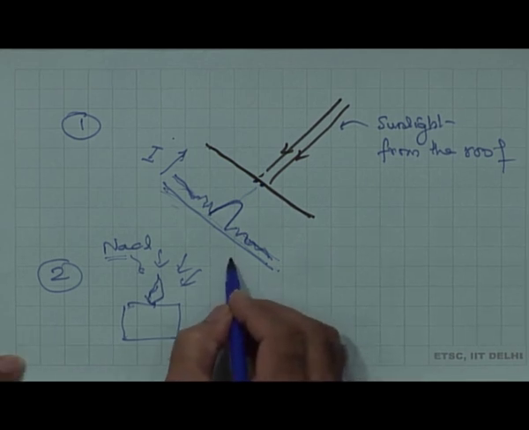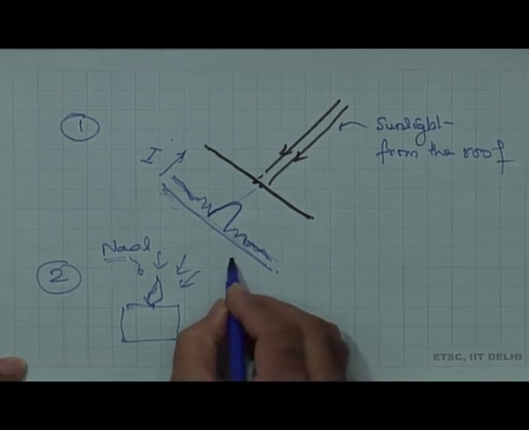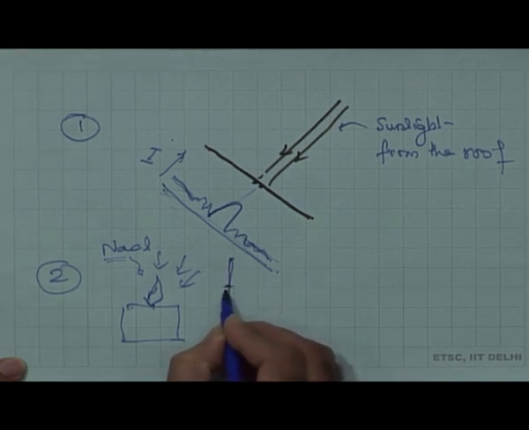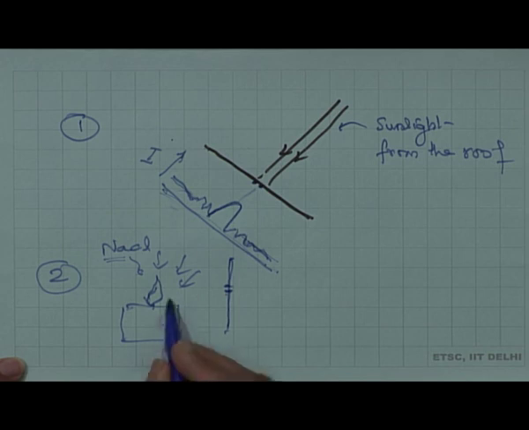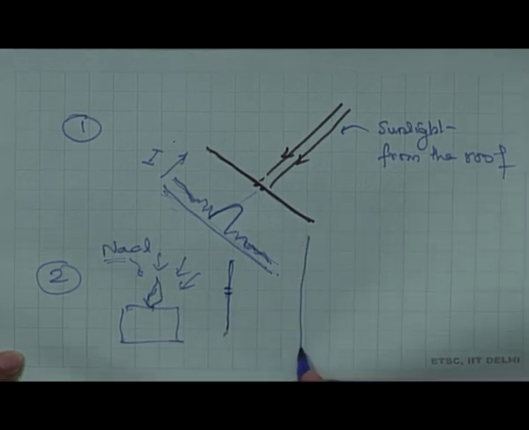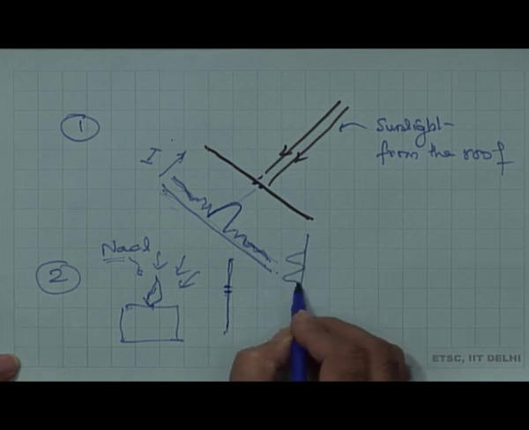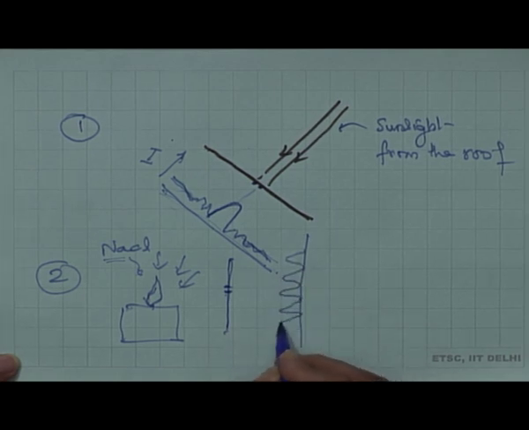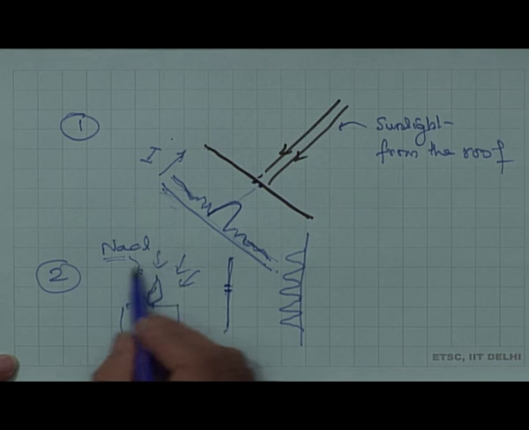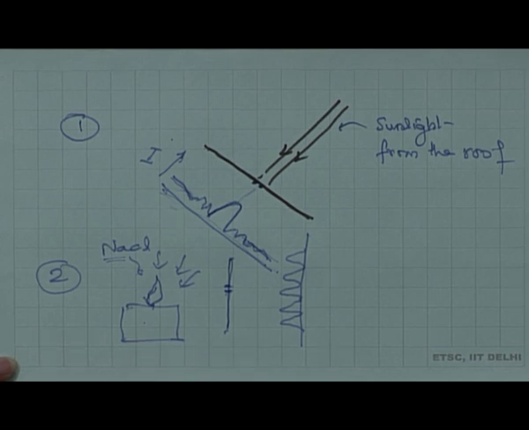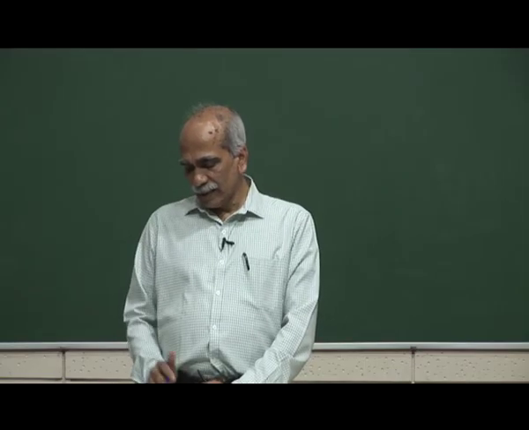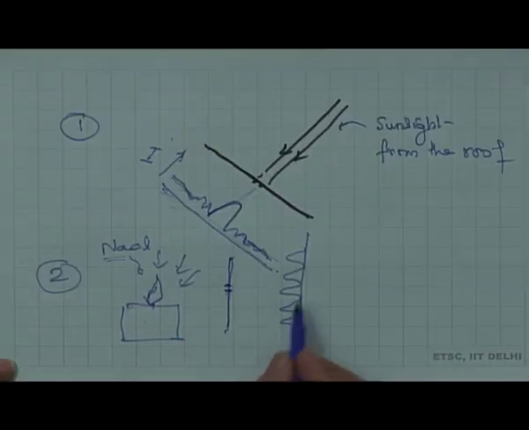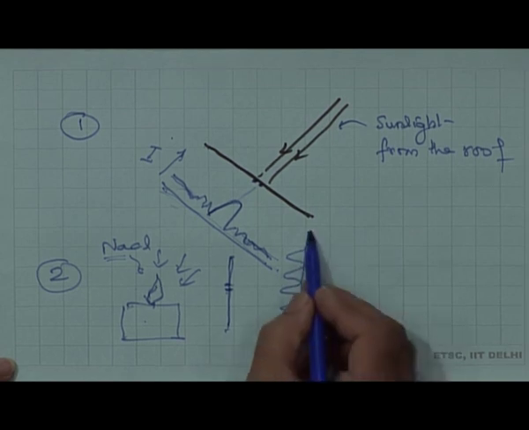And now he placed an aperture with two small holes, very close by, and on the screen here he could see a large number of bright and dark intensity maxima and minima, due to the bright yellow color of sodium. So, he saw bright and dark fringes on a screen placed here.